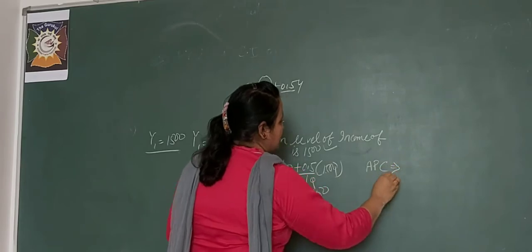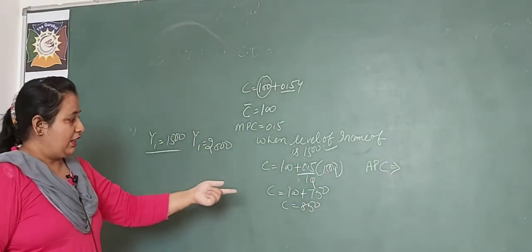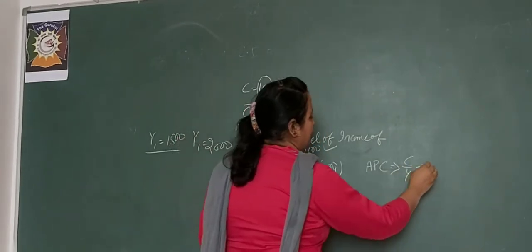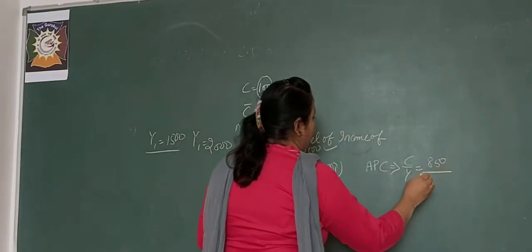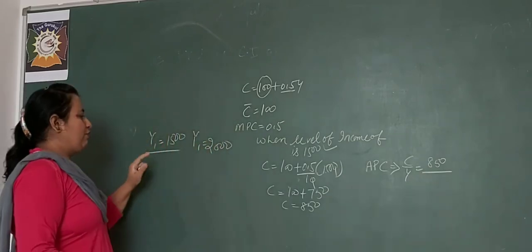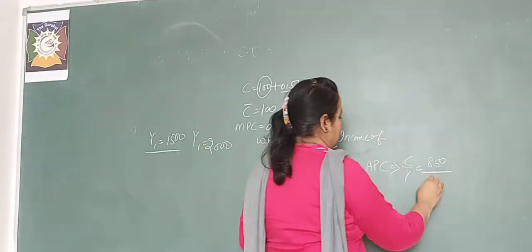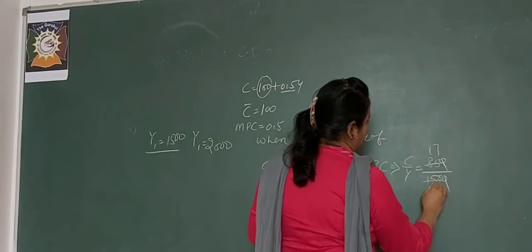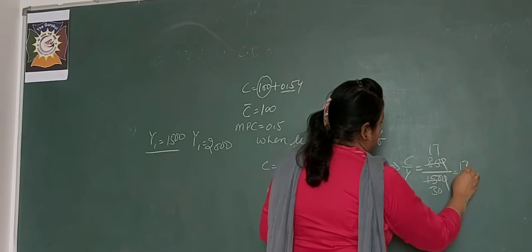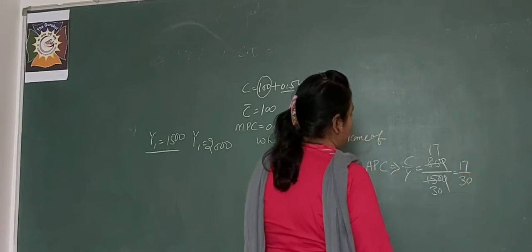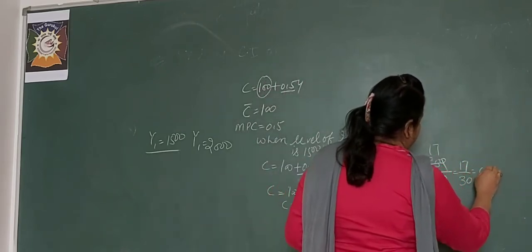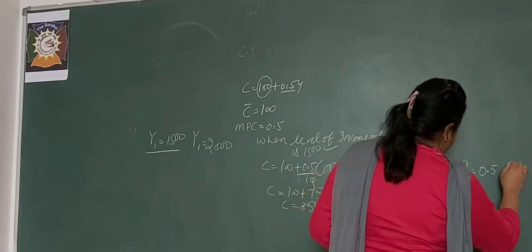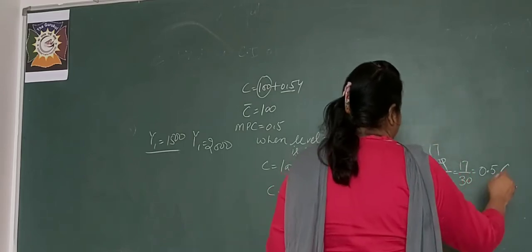APC will be 850, formula is C upon Y, 850 upon level of income. Level of income I have taken is 1500. It means you will get 17 by 30, or if you find, 0.56, I think.